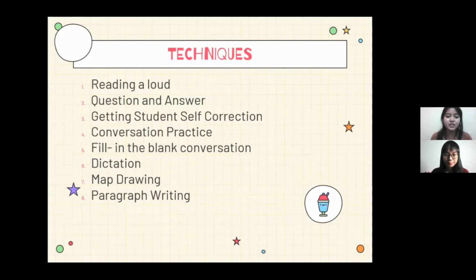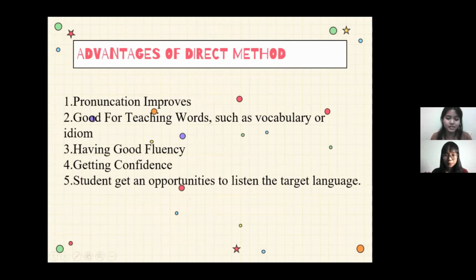And the next is fill in the blank conversation. The teacher provide some kind of a blank conversation or some kind of dialogue that not full yet, and then the student trying to complete them. And there are some other techniques like dictation, map drawing, and paragraph writing. So that is about the technique, and then we will move to the advantages of direct method.